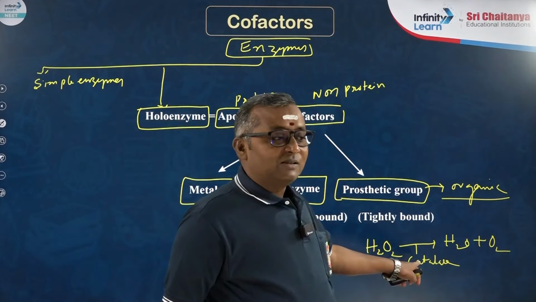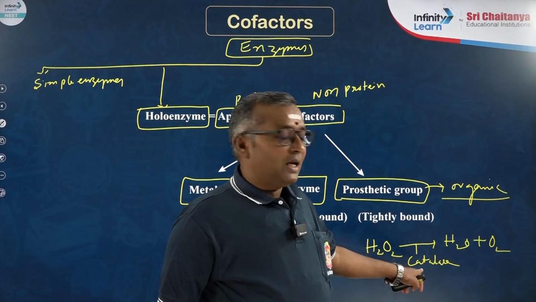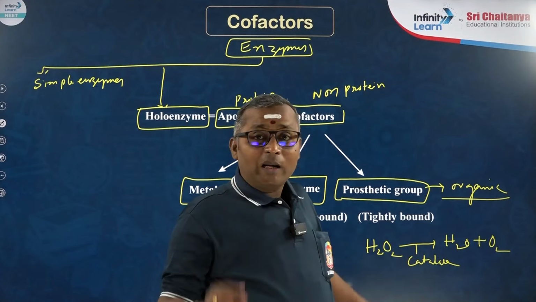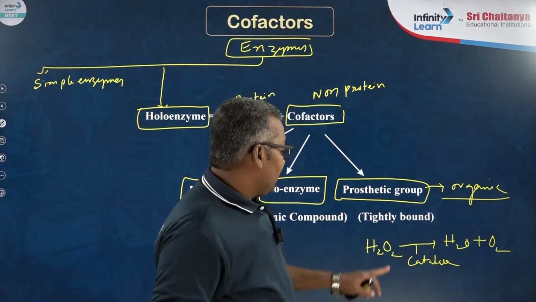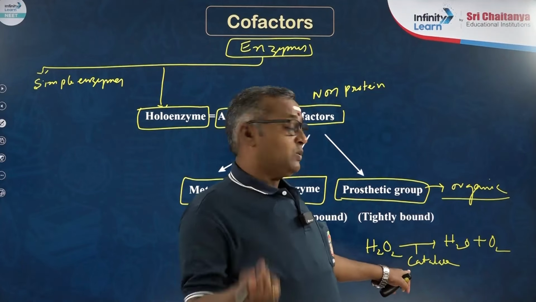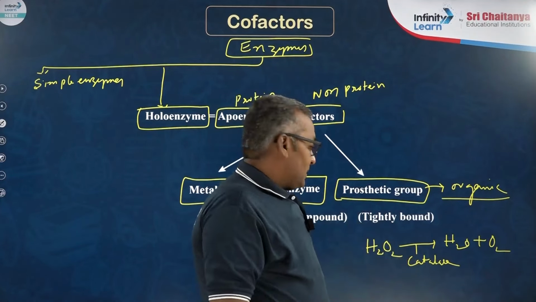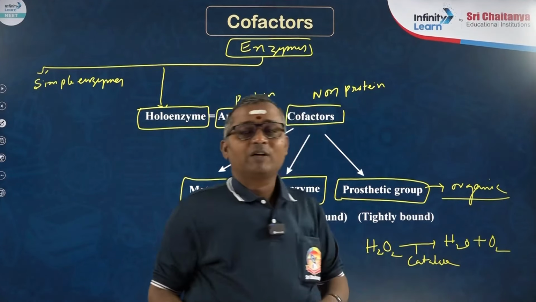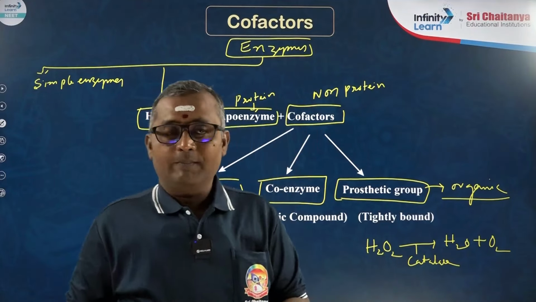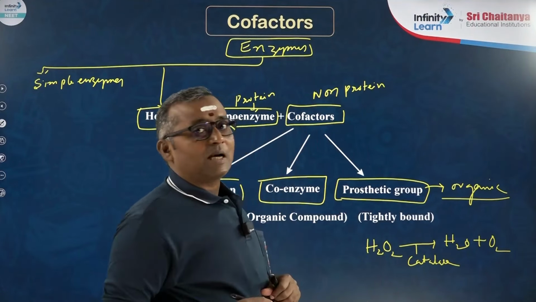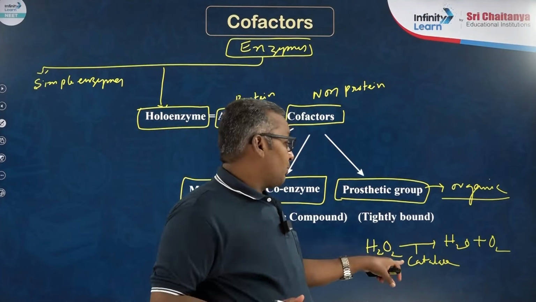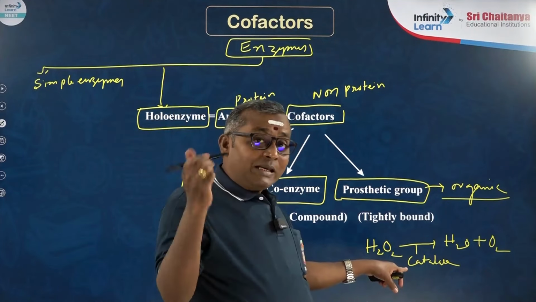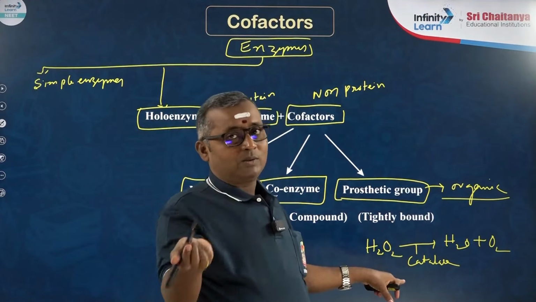Catalase and peroxidase need a prosthetic group called heme. The heme binds with the active site of this enzyme and causes breakdown of H2O2. So this is one best example. Heme is required as a prosthetic group for the enzyme catalase or peroxidase.